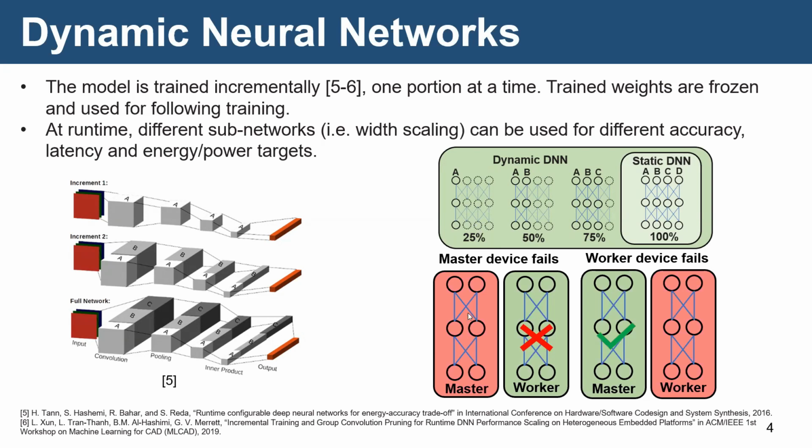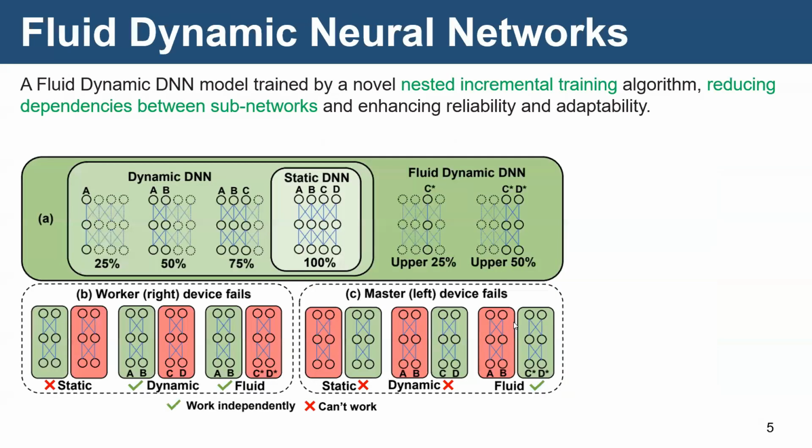So the question is, can we design a better model so that when the master device fails, the worker device can also run the inference independently? This leads to the design of this work, fluid dynamic neural networks.